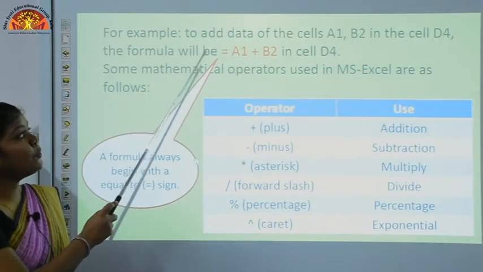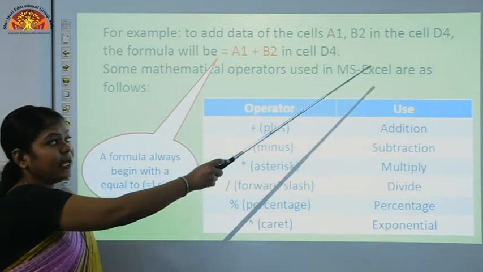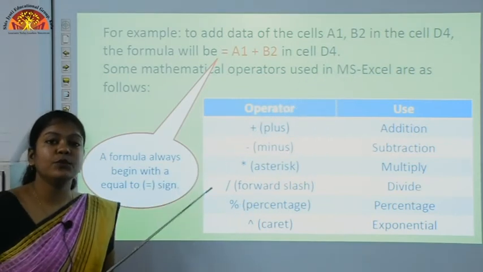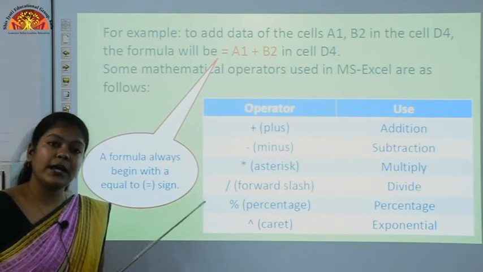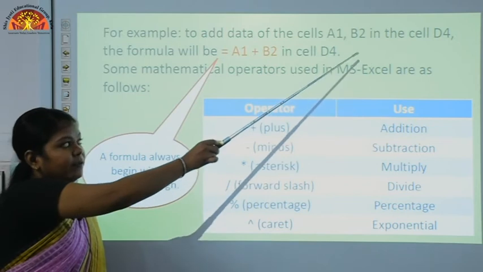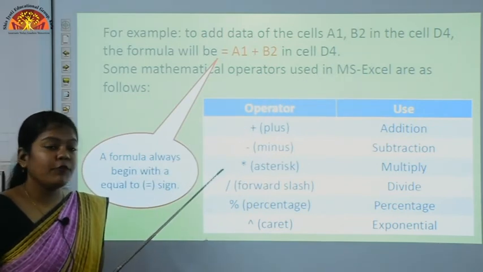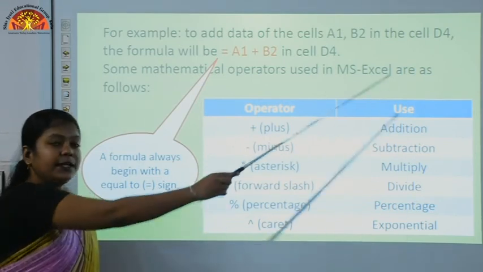For example, to add data of the cells A1 and B2 in a cell D4, we have to make the addition in the Excel document. My data is stored in cell A1 and cell B2, and I want to save the addition of A1 plus B2 in the cell D4.